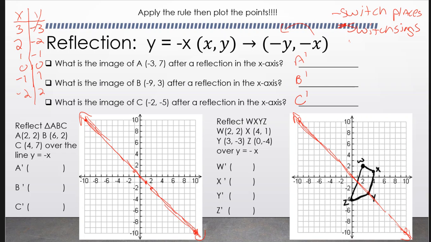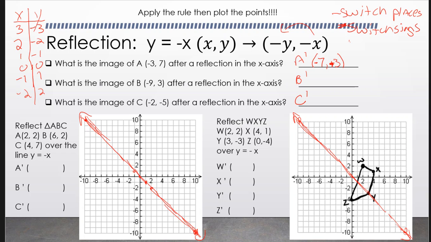So my A prime, if I'm switching and switching signs, A prime is going to be 3. I'm sorry, not switching places. It's going to be 7. I normally switch them first. Let me just do it the way I normally do it. I normally switch them first, and I'll go back and change the signs. So it's going to be 7, 3, negative. And then I'll go and switch the signs. So this is now a negative. This is a positive.